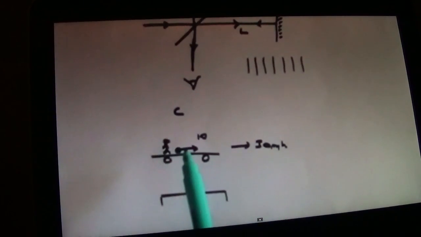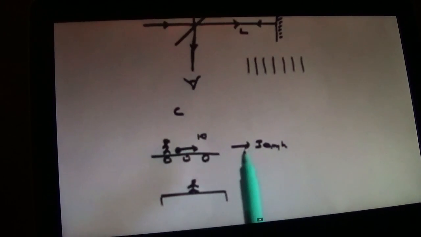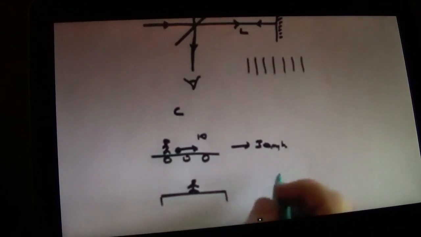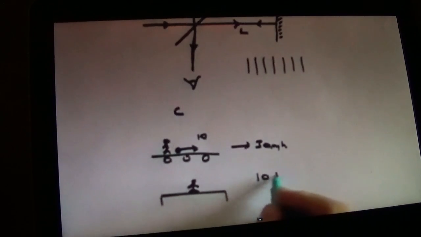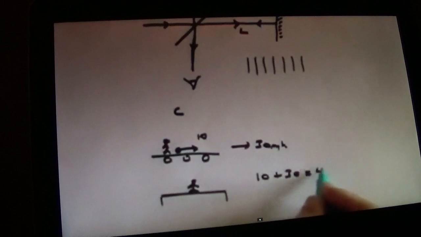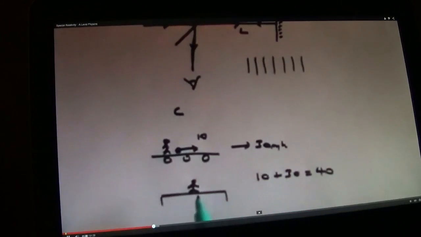I see a ball on the train travelling at 10 miles an hour, but the train itself is travelling at 30 miles an hour. So I will observe that the speed of the ball is 10 plus 30 equals 40 miles an hour, relative to me. That is Newtonian physics, the addition of velocities.